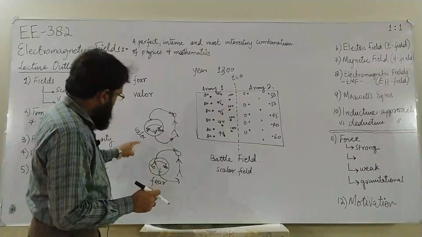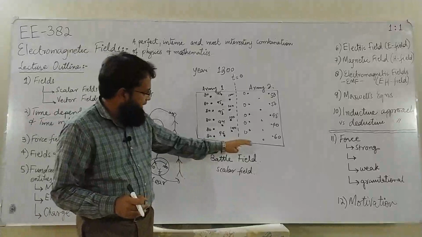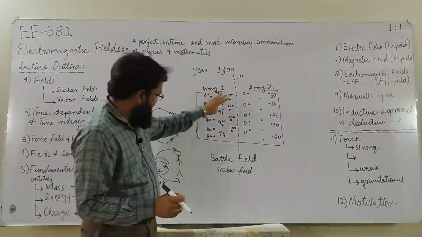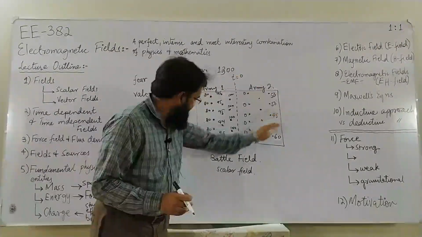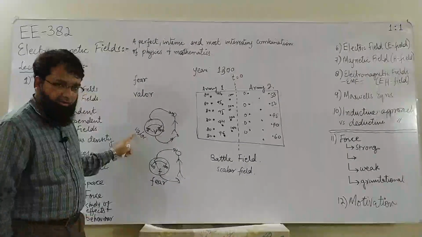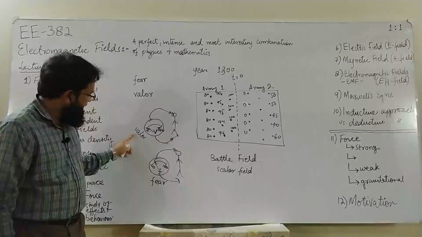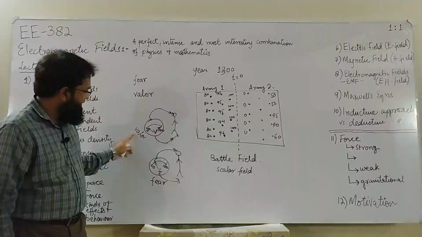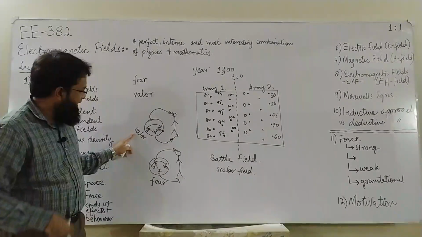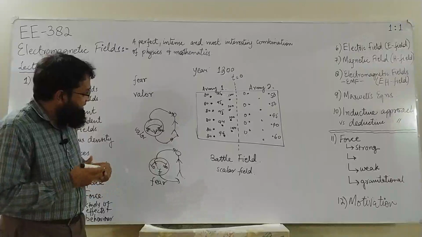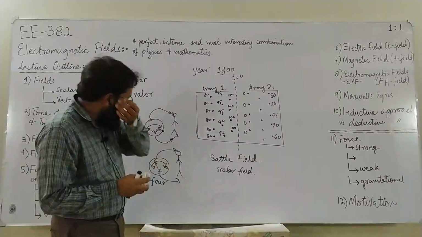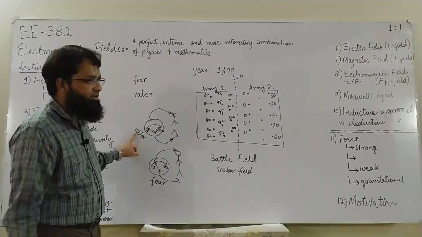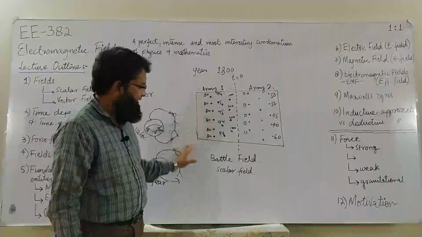So now if I asked you that, all right, earlier we were interested in measuring the valor. So what was the type of this battlefield? How would you classify this battlefield? If we are interested in valor, you would say that this battlefield is a scalar field.